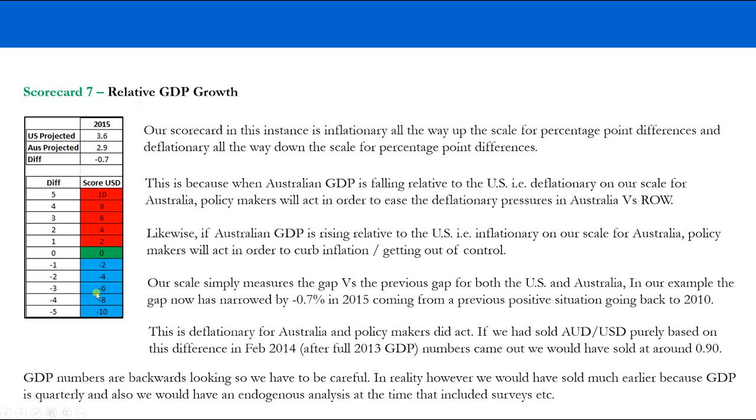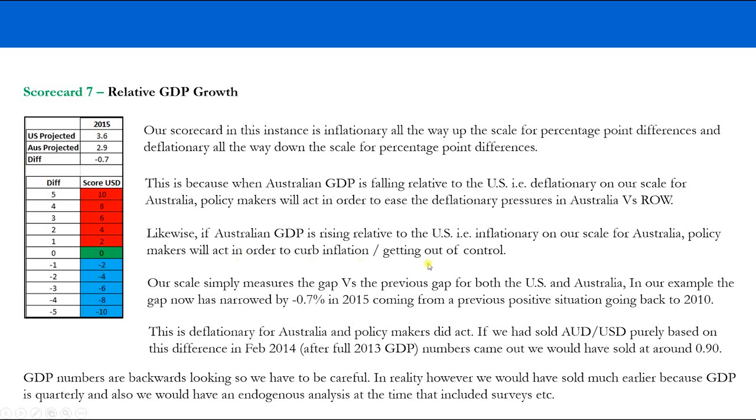So when we're in this area here, so Australian GDP falling relative to the rest of the world and falling relative to the US in particular, so Australian GDP minus United States GDP becomes negative. It's falling.